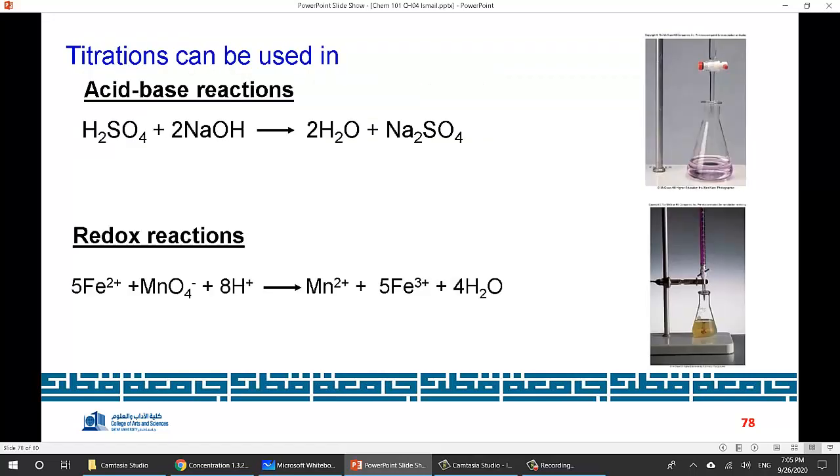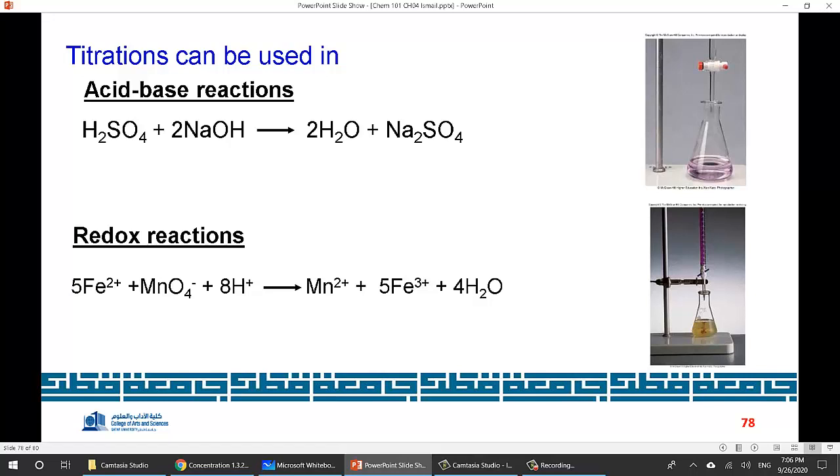The idea of titrations is that it's very similar to the dilution, where the number of moles of the acid should be equivalent to the number of moles of the base. So if you have a 1-to-1 reaction, you can apply MV acid equals MV base, but that does not apply to all acid-base reactions.